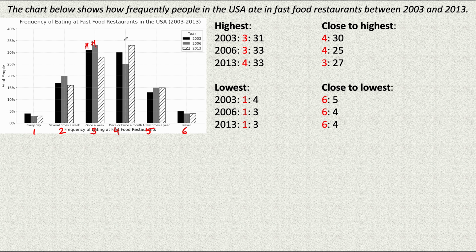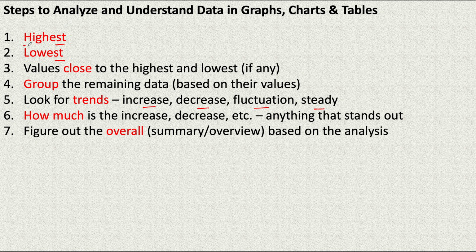These are our highest figures and these are our lowest figures. These 3 are close to the highest, these are close to the lowest. That is what we have mentioned here in our planning. With this, we are done with the highest, lowest, and values close to highest and lowest.